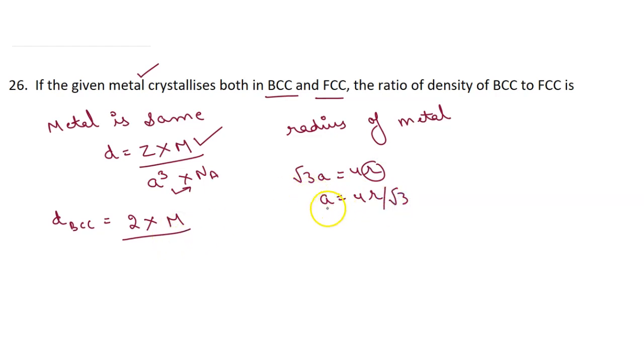So we have to substitute a in terms of R, because here R is constant in both cases, because the metal is the same, so the radius should be the same.